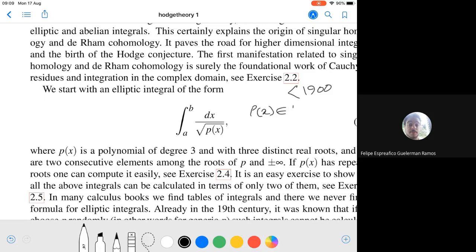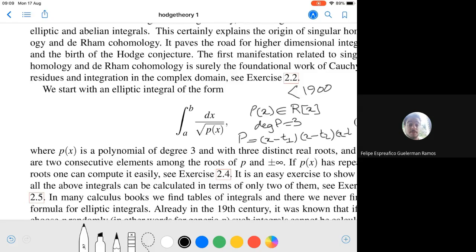For the moment, just take degree of p equal to 3. And for simplicity, if you want, you assume that it is monic and it has real roots, so (x - t1)(x - t2)(x - t3).